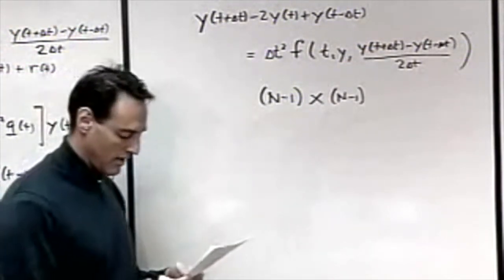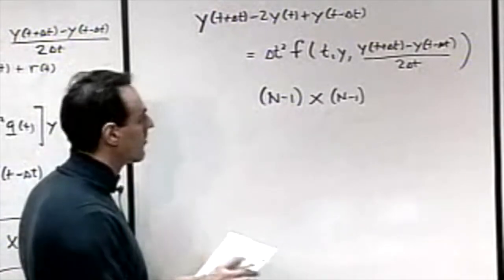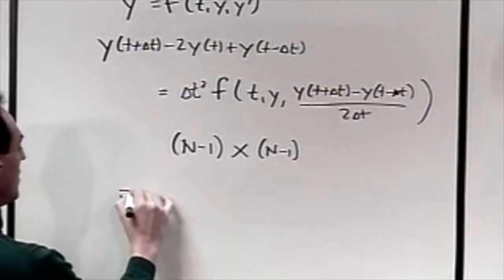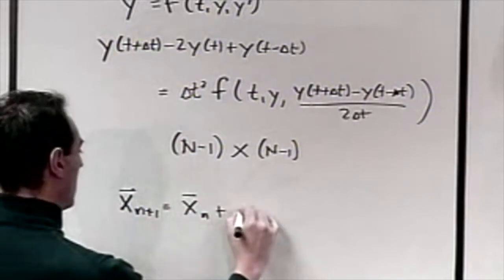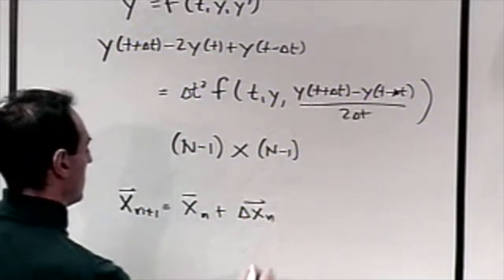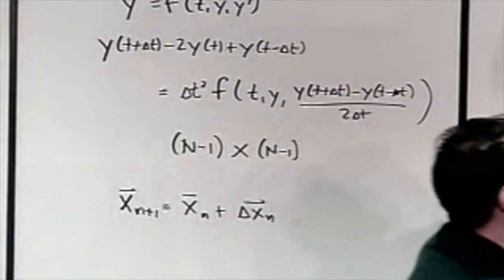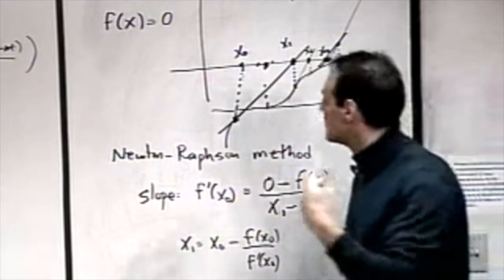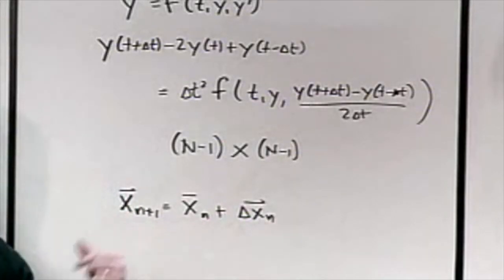Otherwise, here's what you have to do. There's basically a generalization of this. The basic scheme is going to be some iteration procedure you want to set up. It's going to look very similar to what we have there. What this did is say, take my current value, add something to it to generate my next piece. Same thing here. Take my current value, add something to it to get my next piece.